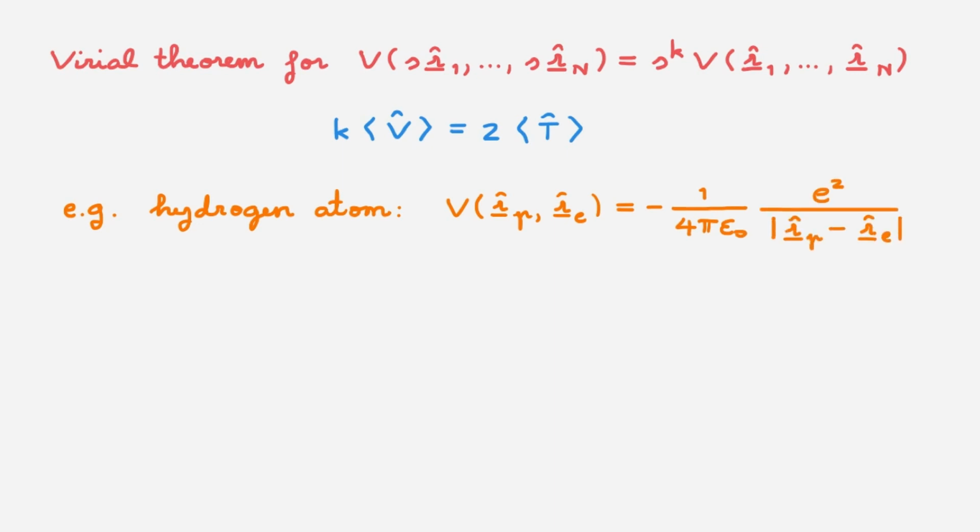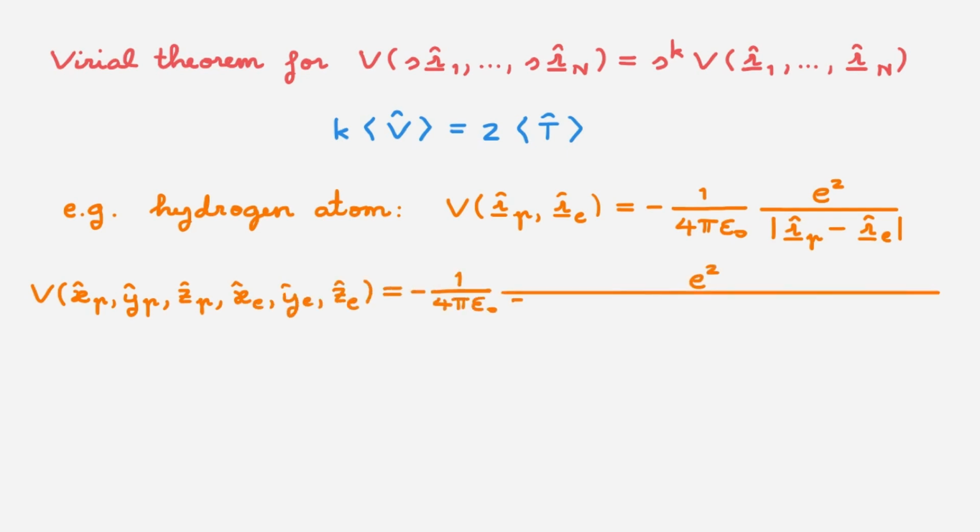Note that here we're considering a non-relativistic hydrogen atom. Spelling this out, we see that the potential energy is a function of 6 variables, and explicitly we can write it out in this long form. Feel free to pause here to cross-check this, but all we've done is to spell out the distance between the proton and the electron in the denominator.